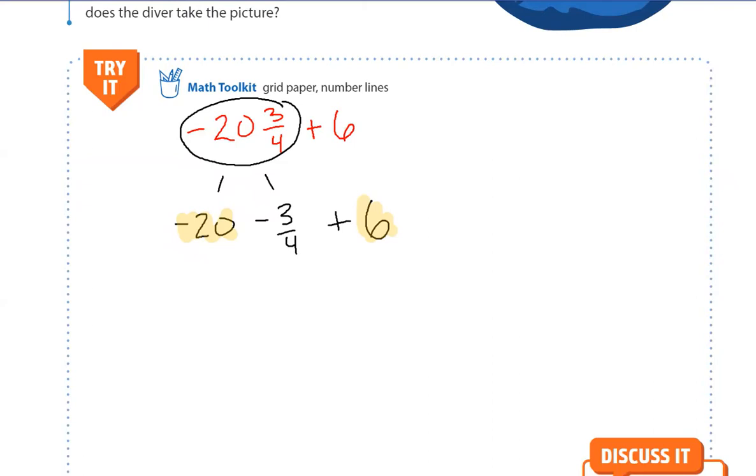So the difference between 20 and 6 is 14. And the larger number is negative, so my answer will be negative. I go with the sign that is for the larger number. 20 is larger than 6. And then I've got my negative 3/4. So I'm just going to stick that back together. Negative 14 3/4.